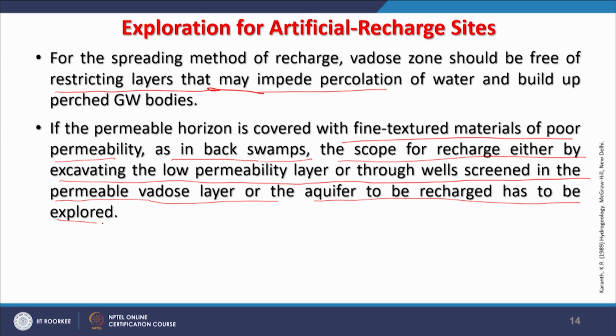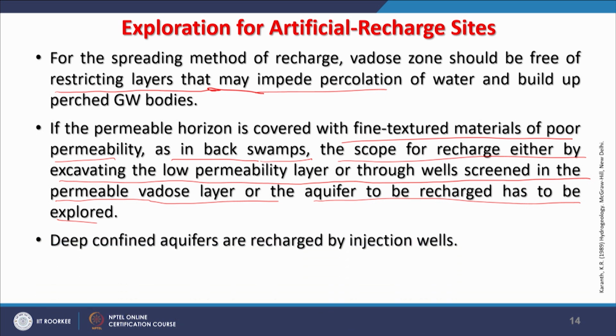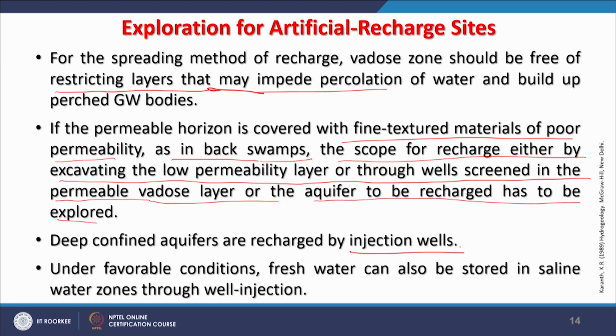So, on top, if it is not possible, then at a certain depth, if we are getting relatively coarse grained material or permeable horizons, then a recharge well should go to that level and recharge the groundwater regime. Deep confined aquifers are recharged by injection wells also, through surface structures also, but they can be recharged by injection wells also. In hard rock terrain, you do not have much of a problem of confined aquifer conditions.